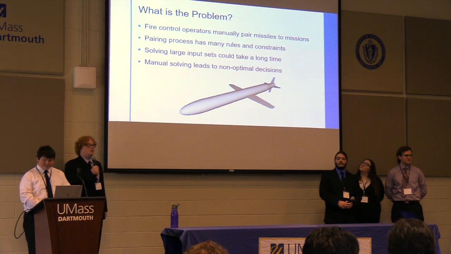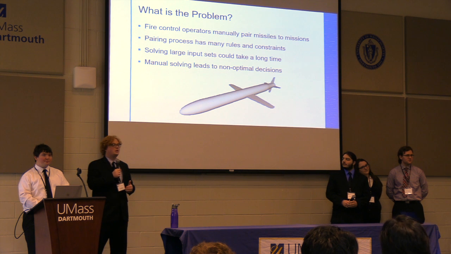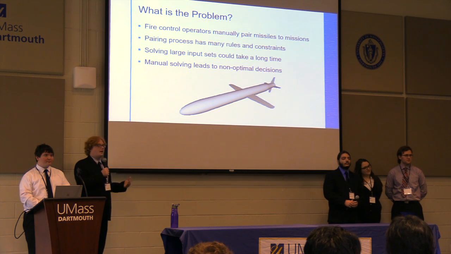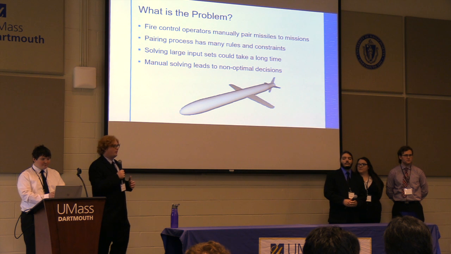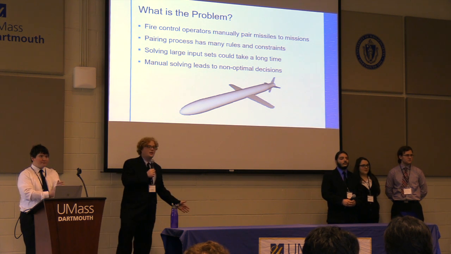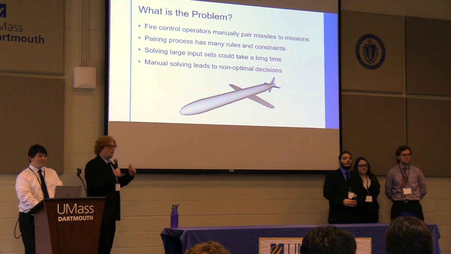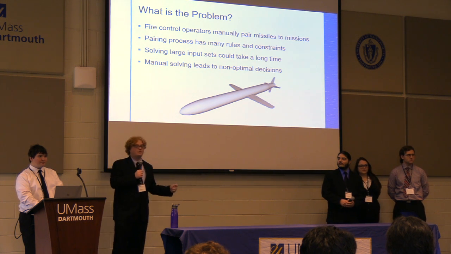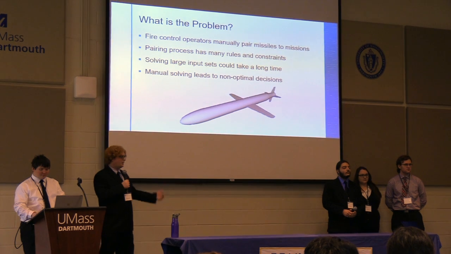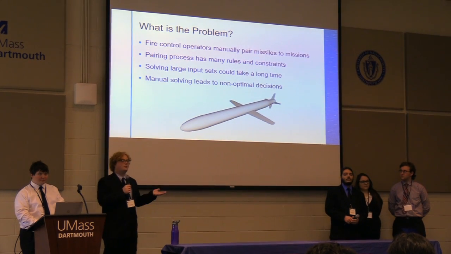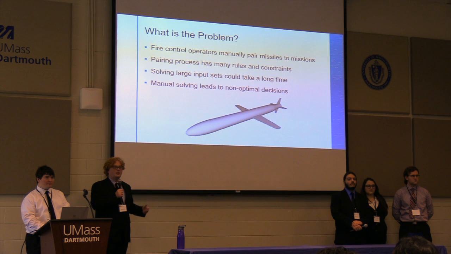At the beginning of the semester, our clients brought us the issue of pairing missiles to missions. What currently happens is that what's called a fire control operator takes in an inventory of missiles from a submarine and a list of missions from higher command. And they determine which missile works best for each mission. This requires going through a lot of rules and constraints, which means if you have, say, 40 missiles and 40 missions, this could take a long time to complete.